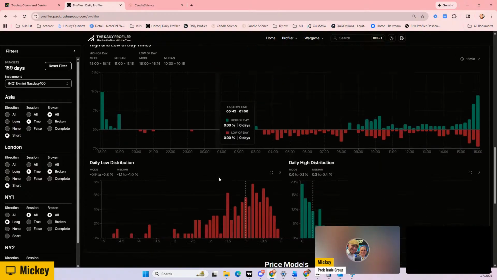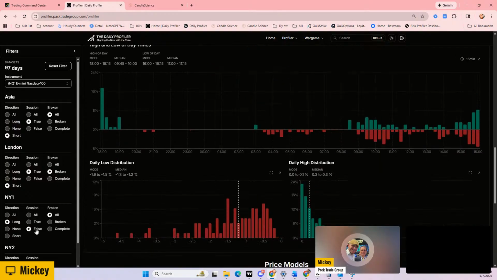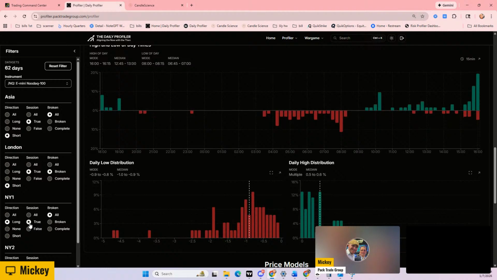But if we go false, we know that high of the day will be supported at 1800, and the low of the day will come either in late morning or in the day, right? If we stay true, that current low of the day is supported by data.